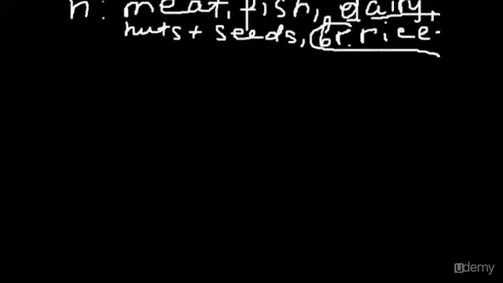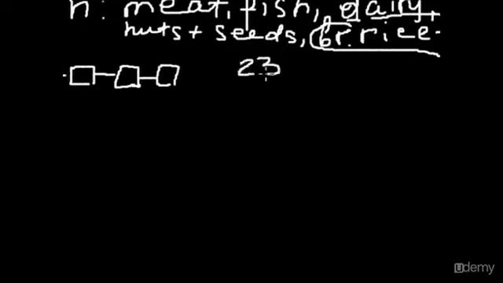So proteins are made out of individual amino acids. When you look under the microscope, protein is basically a connection of many different amino acids. We have 23 different types of amino acid. Let's suppose this amino acid is glycine. This is lysine. This is proline. This is arginine.